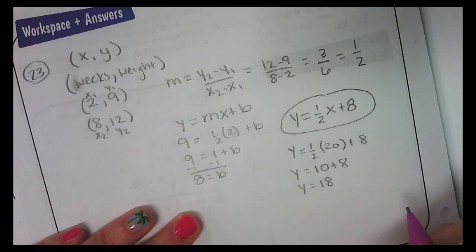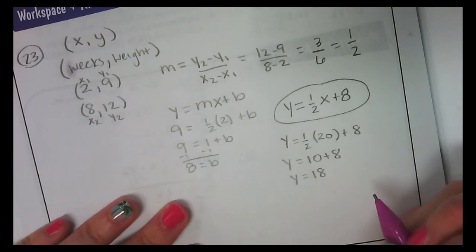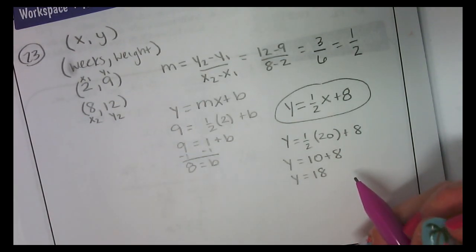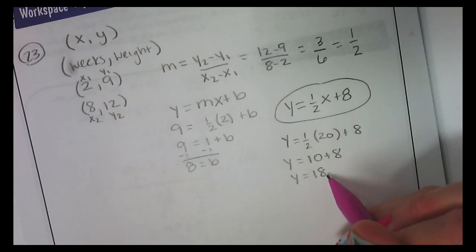So she would weigh 18 pounds. Is this reasonable? 18 pounds isn't that much, so I guess it's reasonable. It's kind of hard to say because you guys probably don't know how much babies weigh. But at 20 weeks old, that's about 5 months old, so that's probably reasonable.